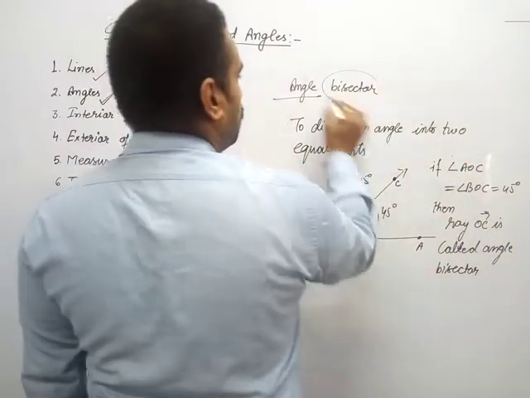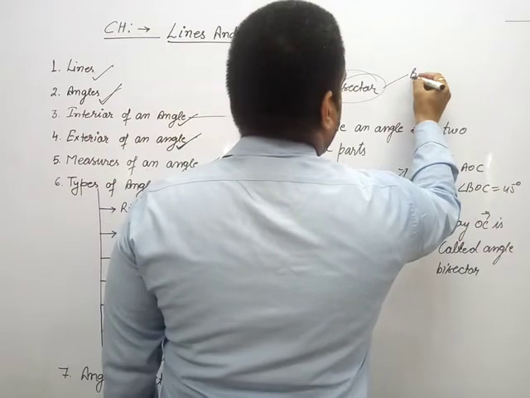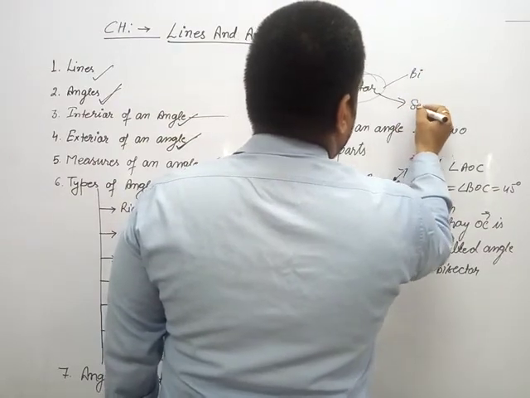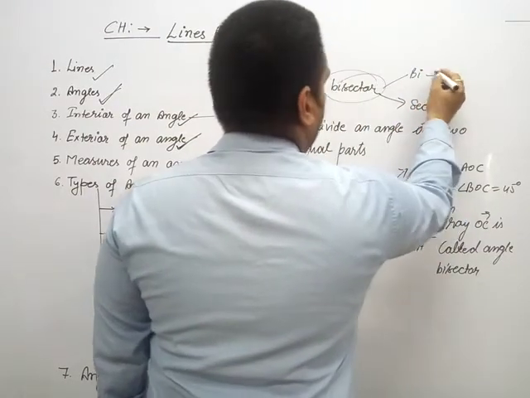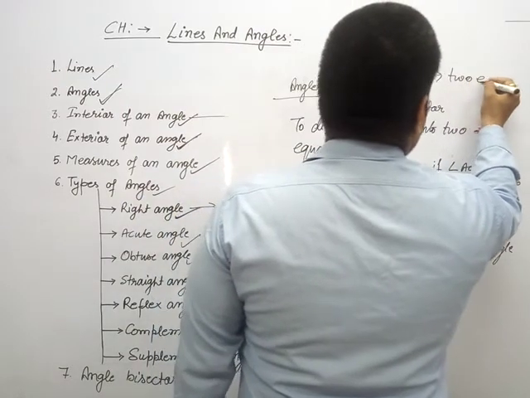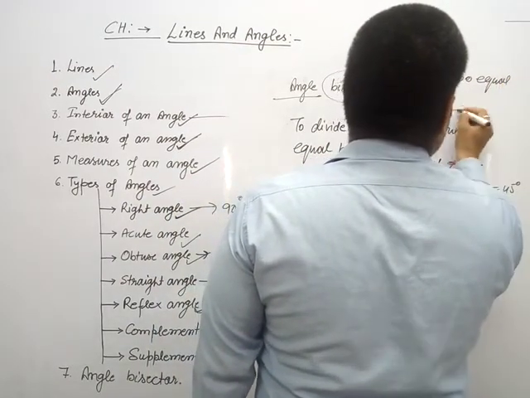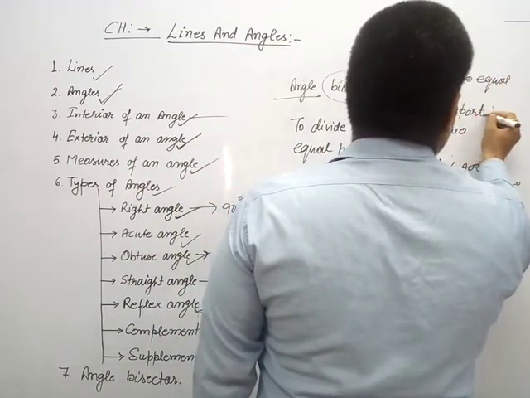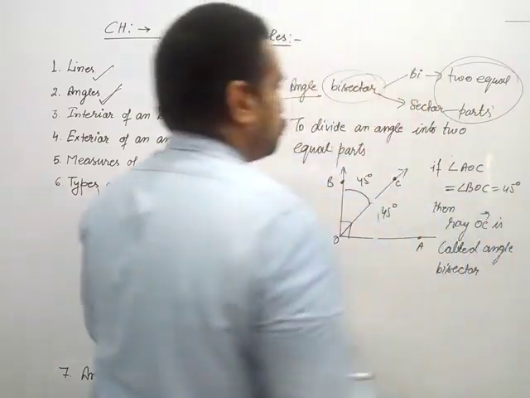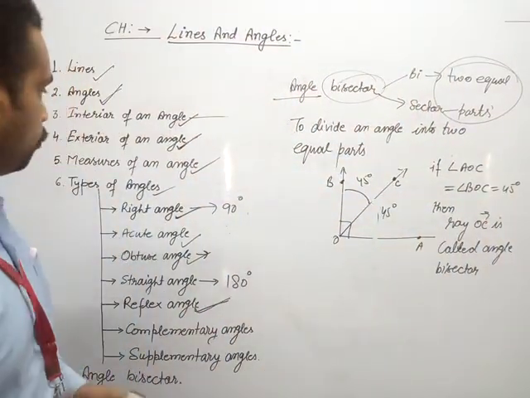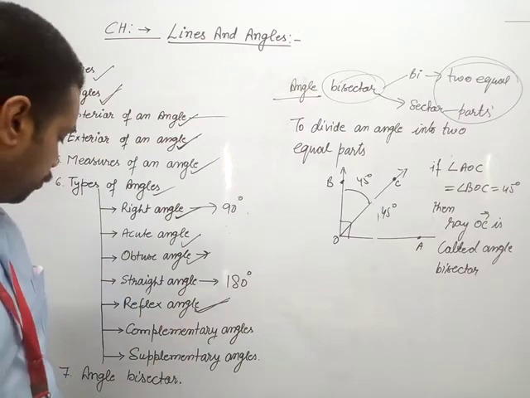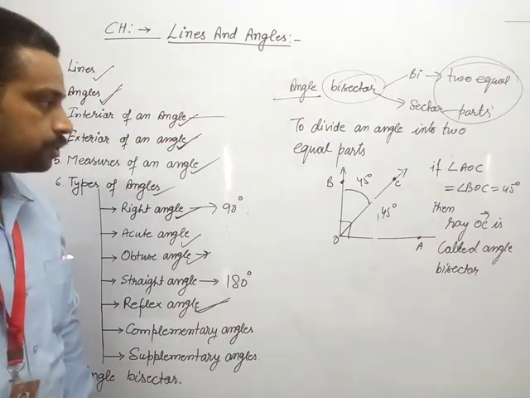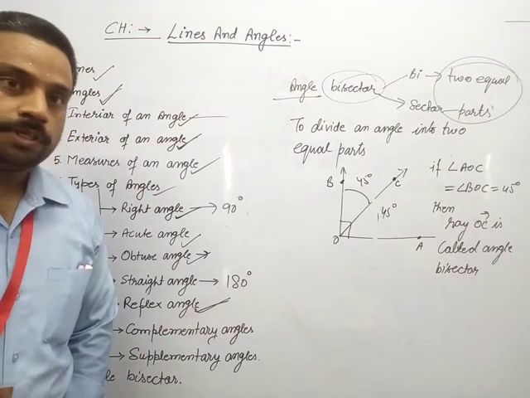Okay, now keep this in mind. Here two words, bisector. Bi means two, equal, and sector means parts. So two equal parts. I hope that this topic is clear to you, and we will do several questions based on these topics.